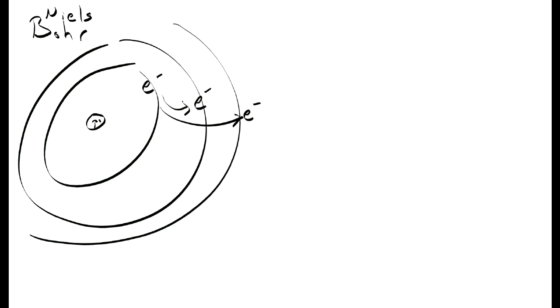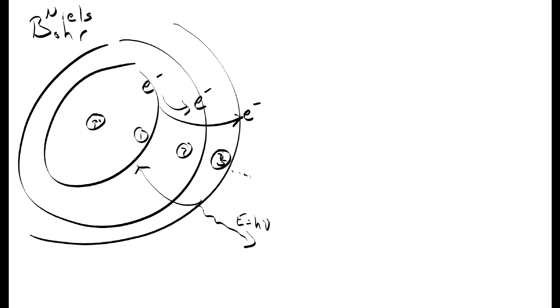And it can jump between those orbits. And you have to put energy in to get it to jump to a higher orbit, orbit 1, orbit 2, orbit 3, etc. And when it jumps back down, it releases a photon of light with a particular energy equal to the difference between those two orbits.